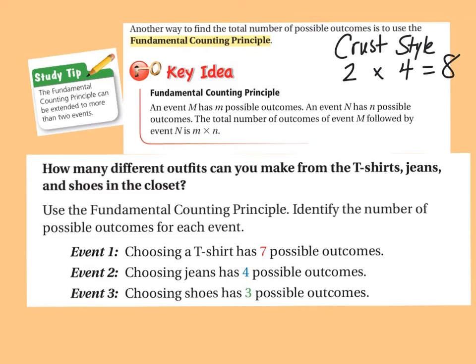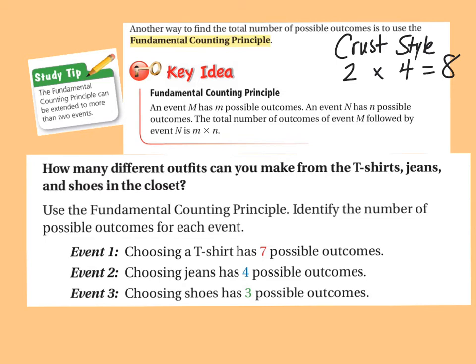So if we look at this one, using the fundamental counting principle, lots of times there are questions on tests about how many outfits you can make given certain things. So if your event 1 is choosing a t-shirt and you have 7 different t-shirts, event 2 is choosing jeans and you have 4 possible outcomes, and then event 3 is choosing shoes and you have 3, we can figure out how many total outfits you can make using multiplication.